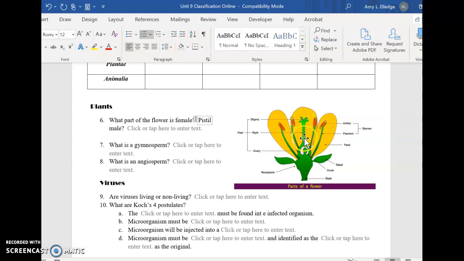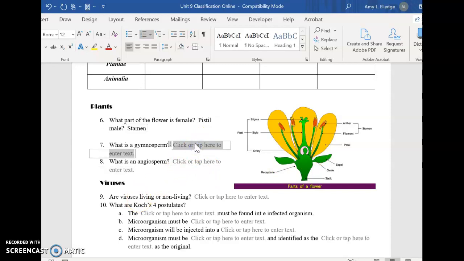It goes down the style and into the ovaries, which hopefully you know ovaries are female. The part that is male is the stamen and has men right in the name. Stamen is the male part, which has the anthers, which are usually yellow, producing the pollen, which is plant sperm. It has a filament that holds it up. All right, and that's about it for the male parts.